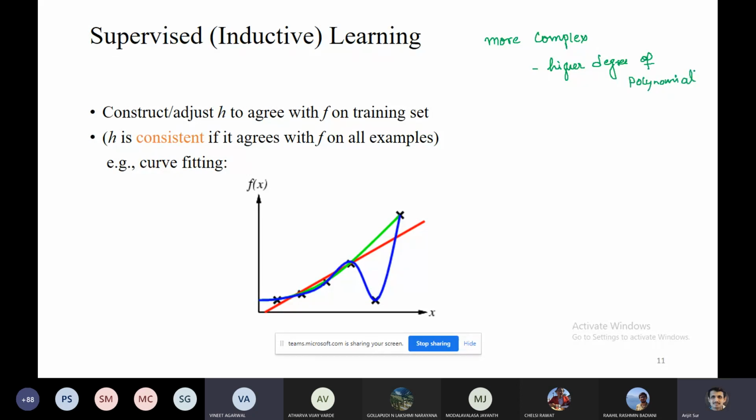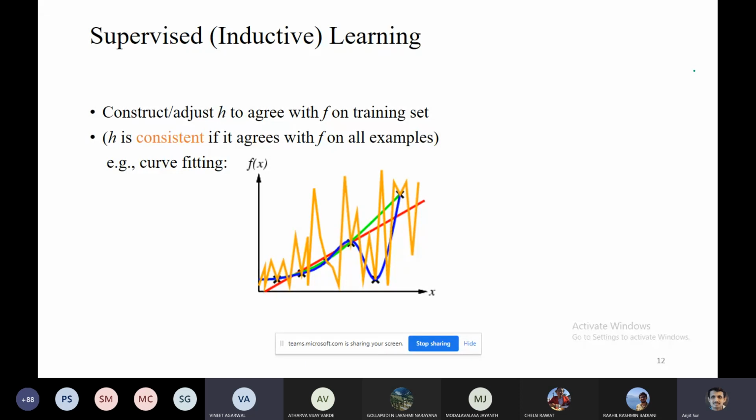So now the question is which particular curve is going to be most suitable, or optimal. If we go for more complex, we fit the data more accurately, and if we go extremely complex, it becomes a very complex thing and may not be that desirable. So this is an open question that I want to ask you all: what will be our design criteria?